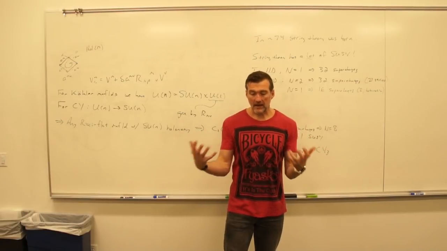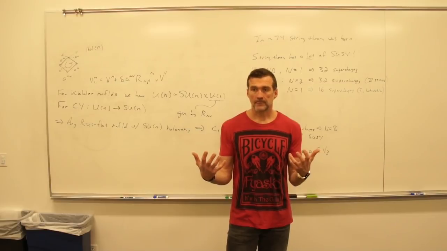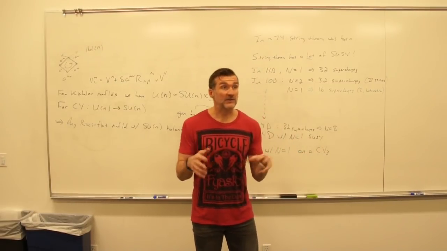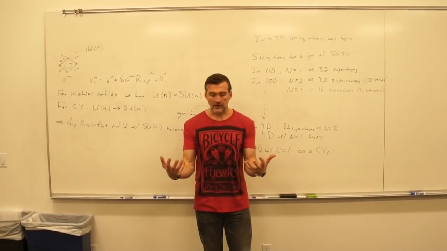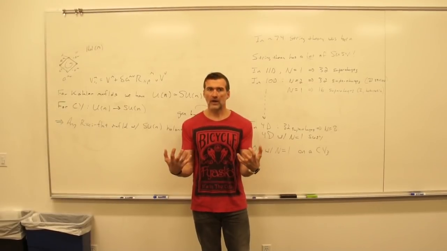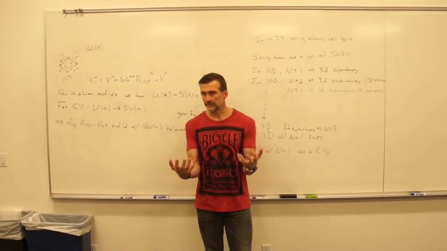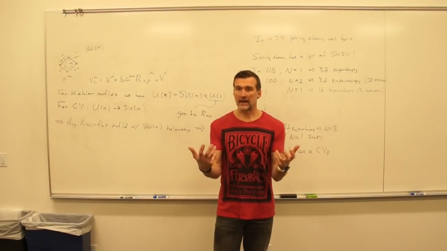But these two Calabi-Yau spaces had different topologies. I mean, they were both Calabi-Yaus, but there are many different kinds of Calabi-Yaus. So string theorists discovered that these seemingly distinct Calabi-Yaus were in some weird way actually related to each other. And this is a property that's formally called mirror symmetry of Calabi-Yaus.